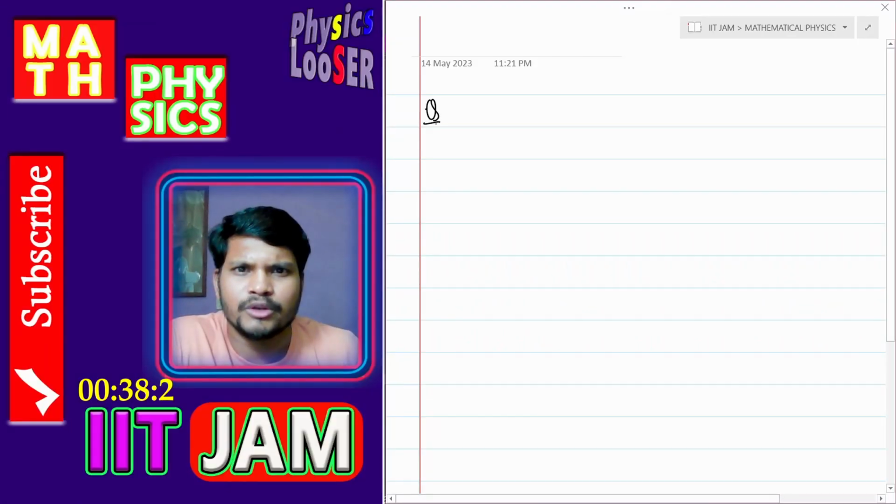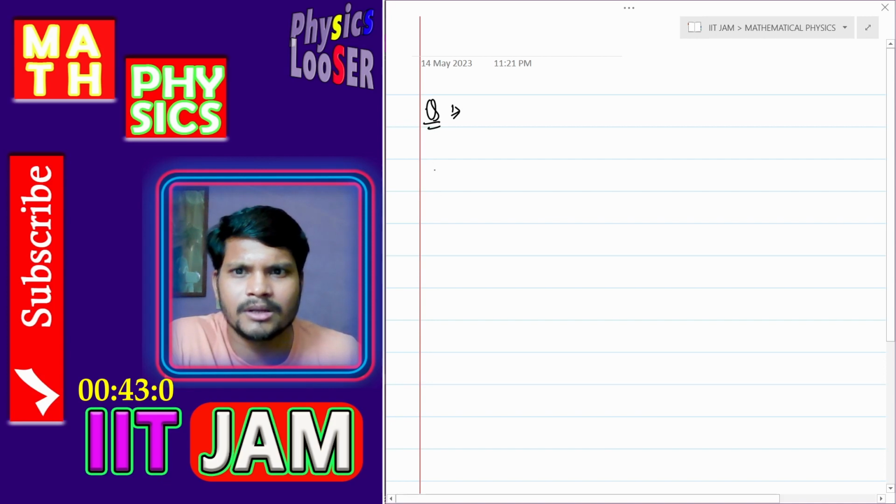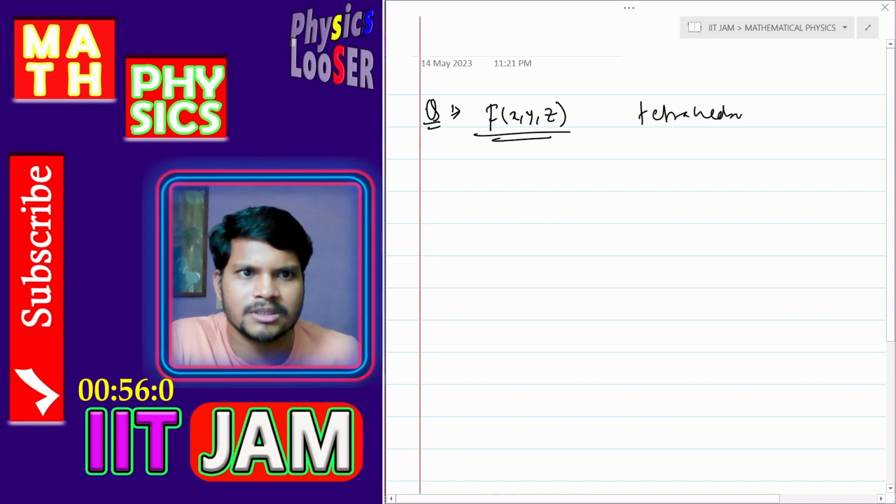First of all, I'm going to take one of the important problems, which says: set up an integral for evaluating the triple integral of some function. Suppose there is a function f of x, y, z over a tetrahedron in three-dimensional space.